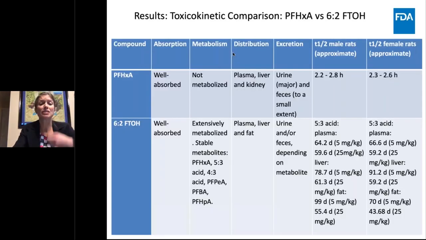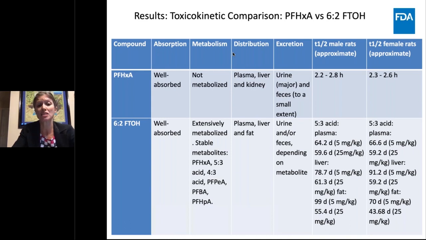So here are the results of the analysis. Let's first look at the TK of perfluorohexanoate and 6,2-fluorotelomer alcohol. Both are well absorbed, but the similarities end there. Perfluorohexanoate is not metabolized, whereas the fluorotelomer is extensively metabolized into several different compounds. If you look at earlier publications on the metabolism of the 6,2-fluorotelomer alcohol in hepatocytes, you get a list of probably 20 different compounds that hepatocytes can metabolize the fluorotelomer into.